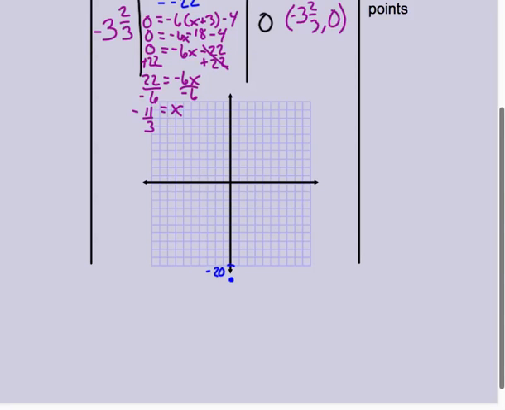And I'm going to scale my x-axis by 1s because negative 3 and 2/3 will fit on my graph. So to graph negative 3 and 2/3, you just kind of approximate where it will be in between negative 3 and negative 4. It'll be about 2/3 of the way. And then you make your line as straight as you can and get arrows on the ends of it.